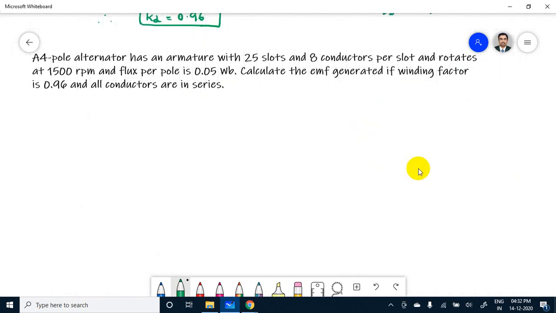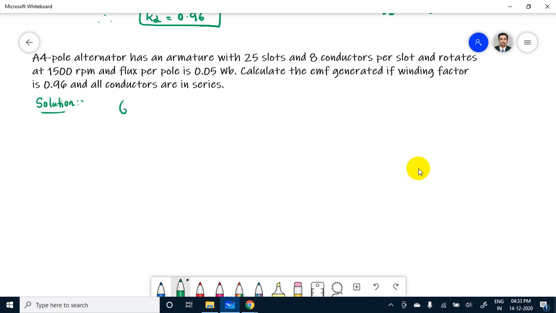Now by using this data, you are going to calculate EMF formula. Okay. Solution. First, write the formula. EMF generated. This is alternator.